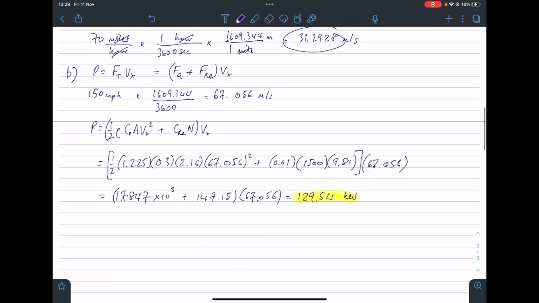So we know the tractive force F of T is going to be the torque at the engine times the gear ratio times the efficiency divided by the wheel radius. So we can rearrange this equation. Torque at the engine is going to be F of T times the wheel radius divided by the gear ratio times the efficiency.